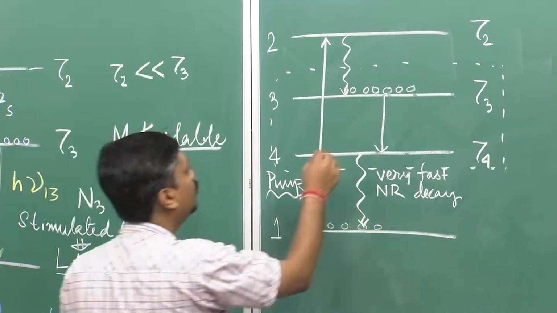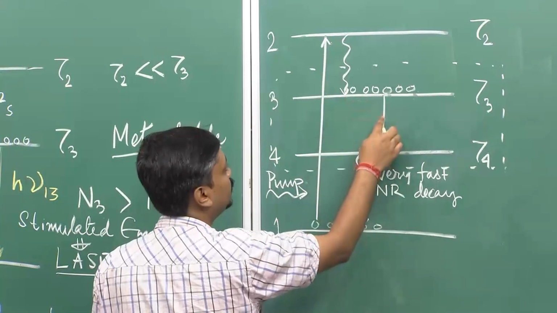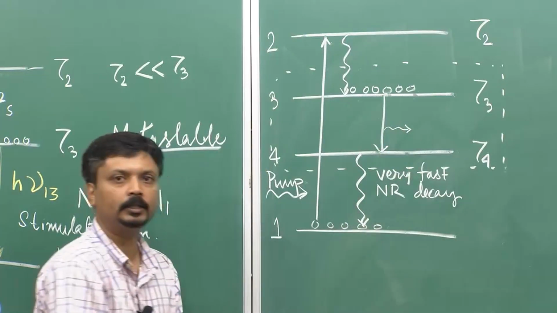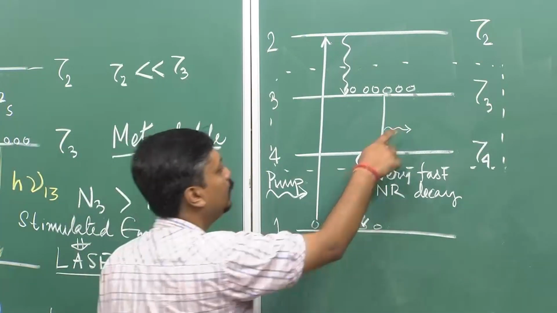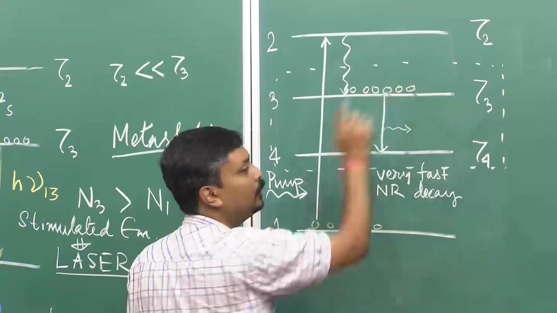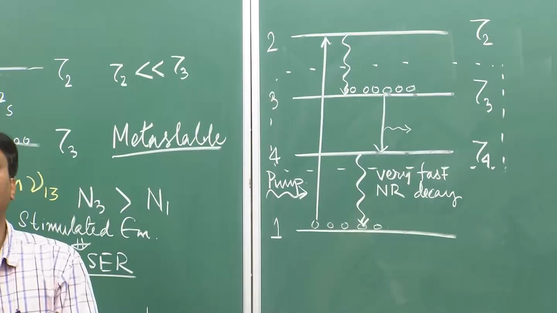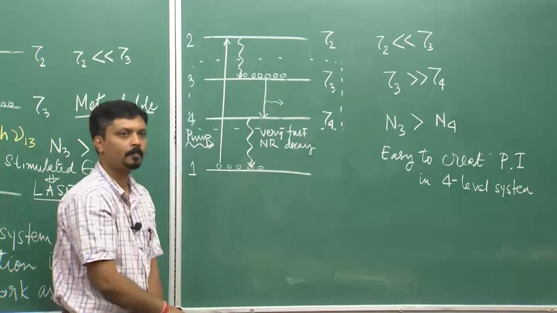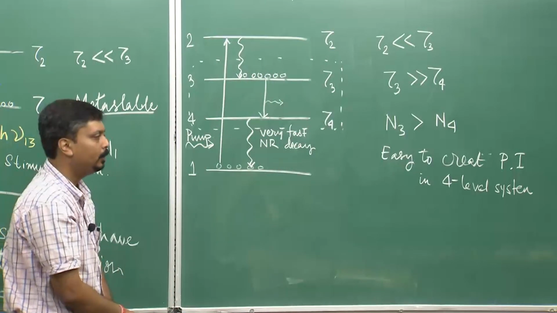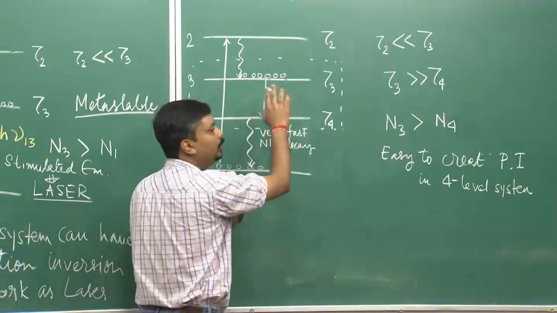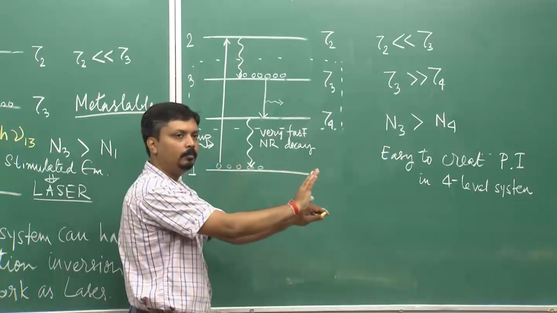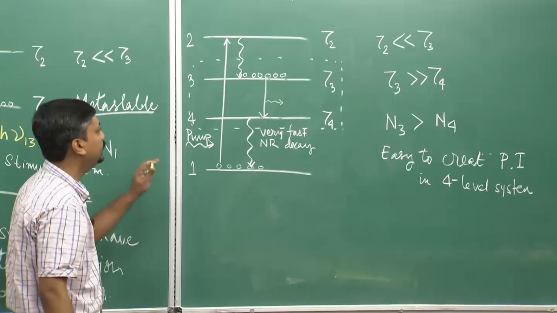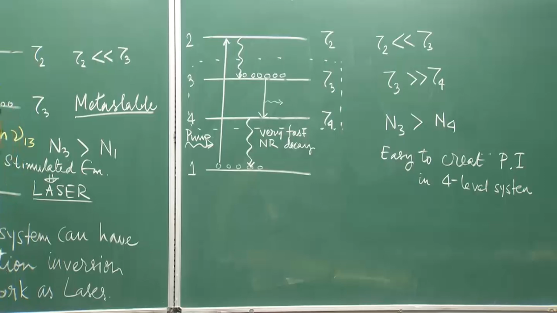So, one photon due to this spontaneous emission, suppose this is making this transition, triggers the decay of all these atoms into this state. All right. Now, it will give an intense light as output.